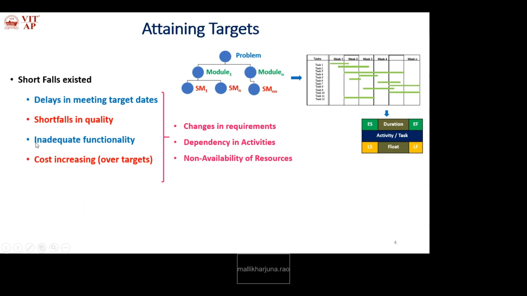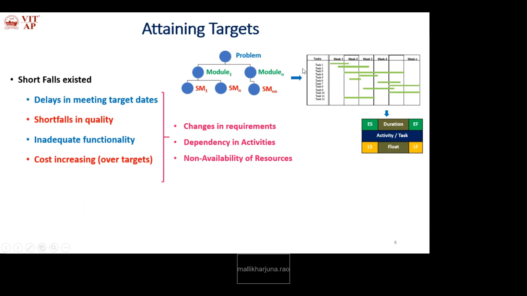Okay, and the third shortfall is inadequate functionality. So what do you mean by functionality? Here we define various functionalities that we are providing through the system at the top level, called the problem description. So here we are identifying various functionalities. Okay. So these functionalities are planned and given a schedule.